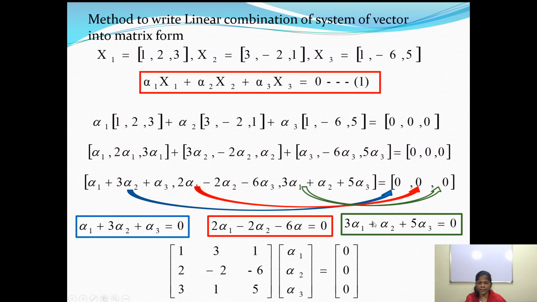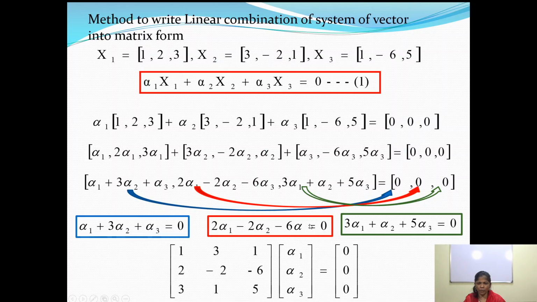So in order to decide their linear dependence, we need to first write it in matrix form. So let us write this in matrix form. Here we write the coefficients of alpha 1, alpha 2 and alpha 3 as the first row. Alpha 1 has coefficient 1, alpha 2 is 3, and the coefficient of alpha 3 is 1. So 1, 3, 1.